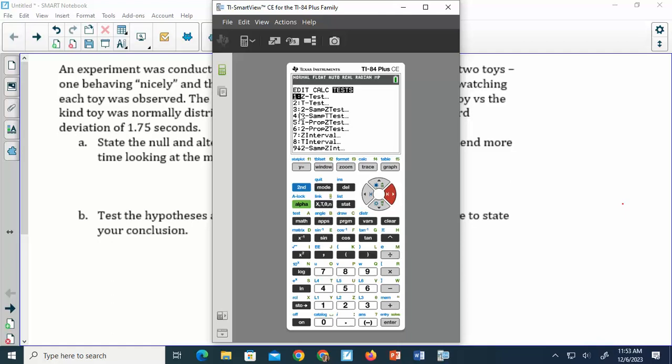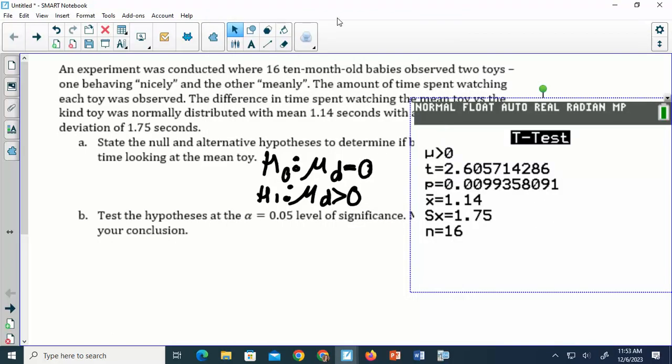So we just need the regular t-test. Basing it off our stats, mean of the null was 0, mean of our sample, what did we say, 1.14? Standard deviation, number, testing. So then we have our T and our P.